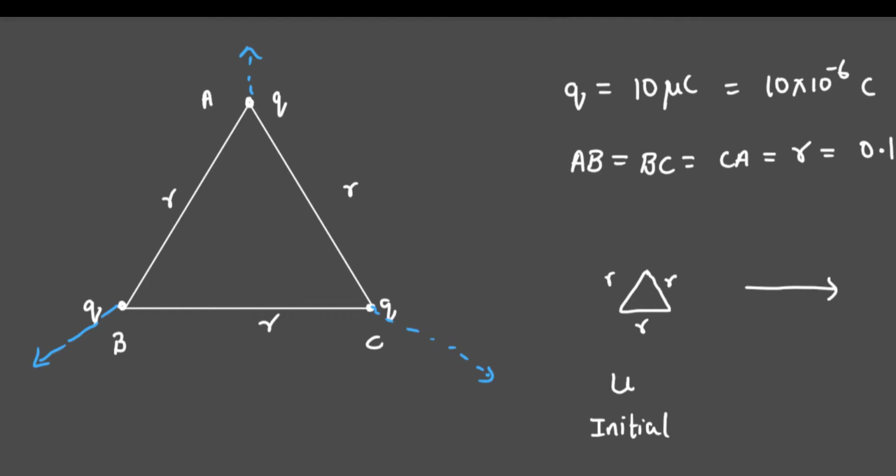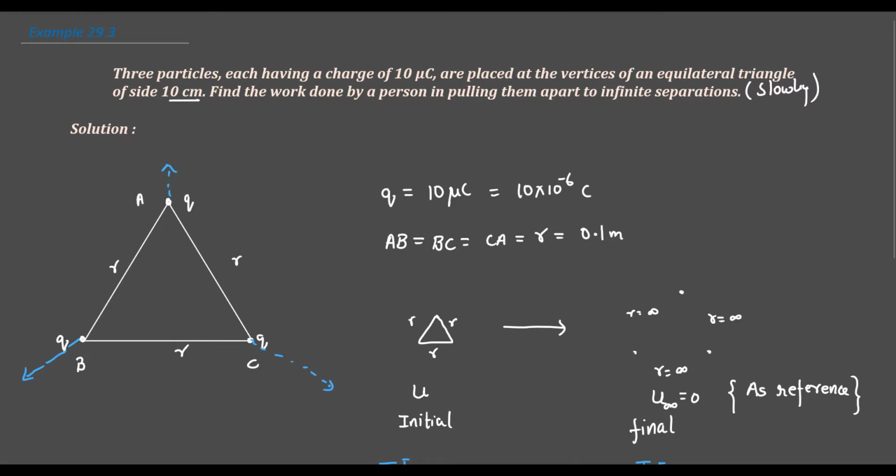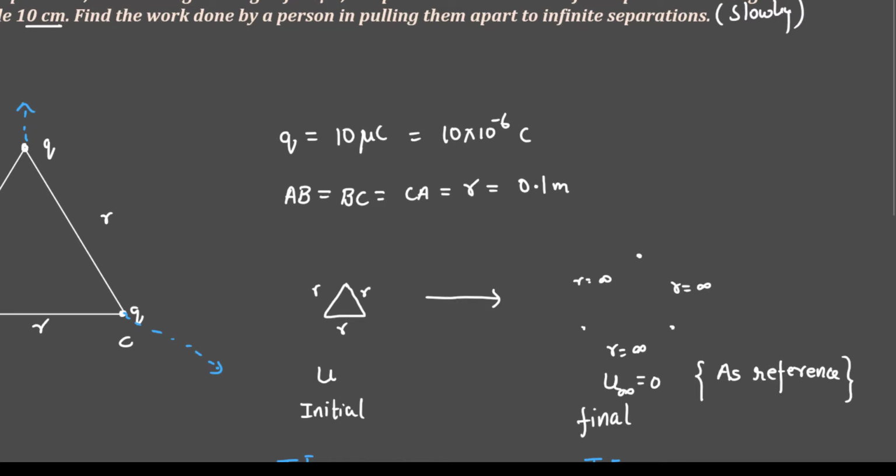So no one is required to pull them apart. But when they are saying that a man is pulling, that means the man is going to take the charge slowly from this configuration to the configuration which is having infinite separation.